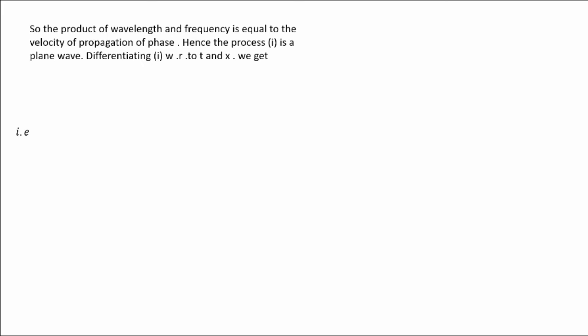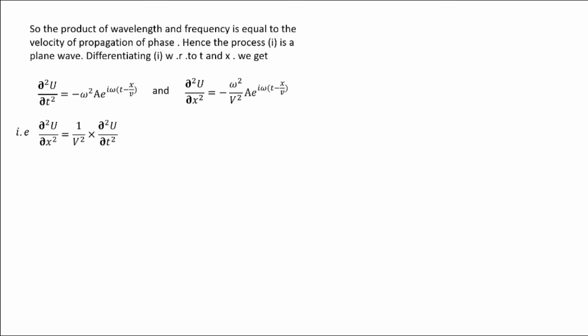Differentiating equation 1 with respect to x and t, we get: if we differentiate equation 1 with respect to t two times, then we get del square u by del t square is equal to minus omega square A e to the power i omega (t minus x by v), and del square u by del x square is equal to minus omega square by v square into A e to the power i omega (t minus x by v).